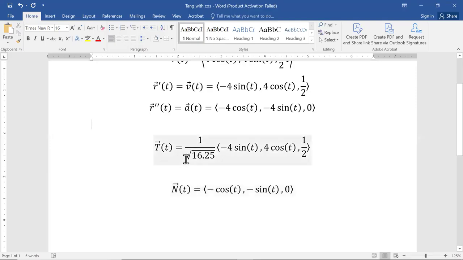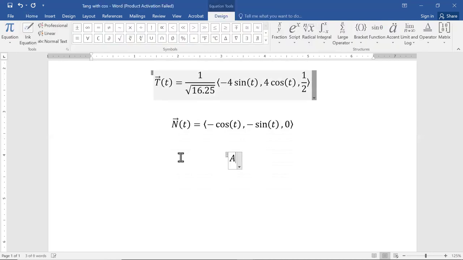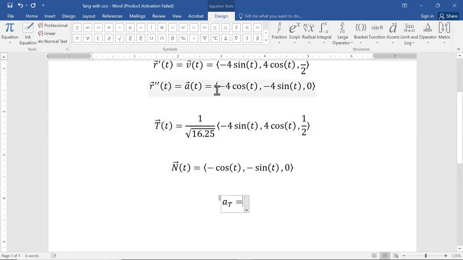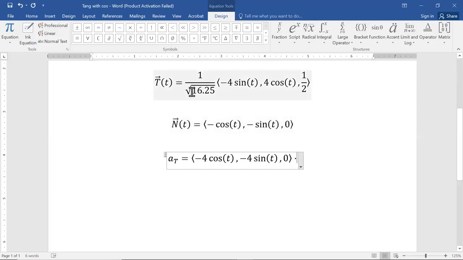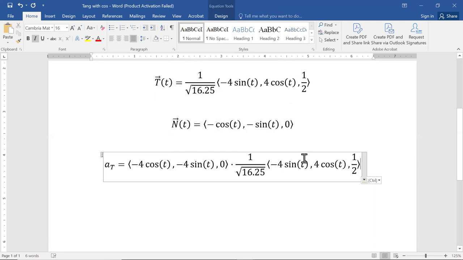So if I want to find a sub t, my coefficient of the unit tangent vector in the acceleration breakdown, it's going to be acceleration dot producted with this vector, which is my unit normal vector.